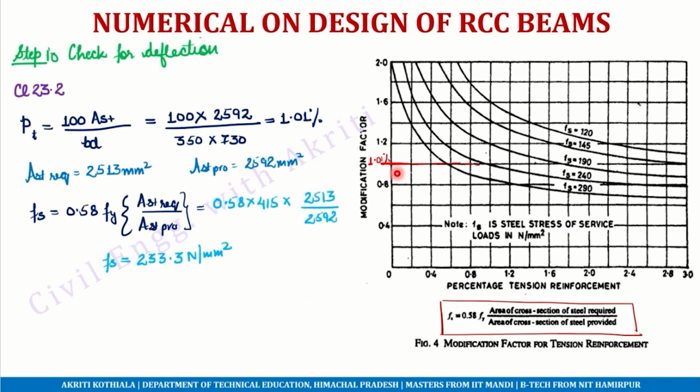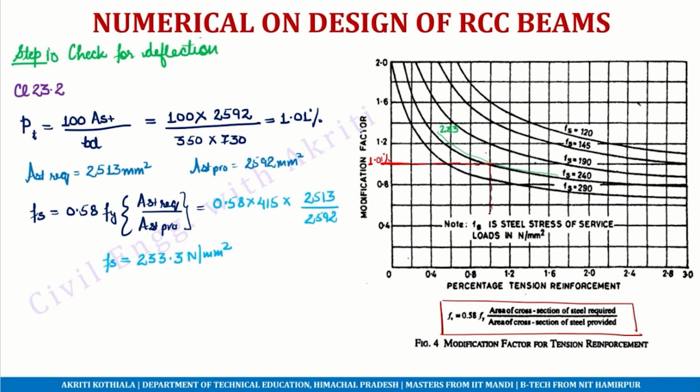So now this value 233.3 will lie somewhere between Fs of 240 and 190. So let's say that this is the value. Now because we have to calculate the value from the figure, we can see that this 1% value and 233 coincide somewhere here.